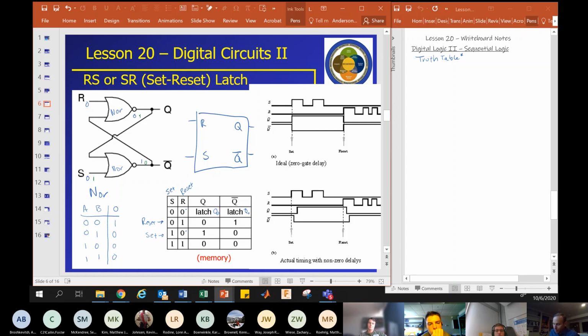Okay. So by setting the device, we set a 1 and a 0, and we get an output of a 1 and a 0 here. So in this state, Q is 1 and Q naught is 0. So Q is at a 1, so it's right here on this NOR truth table.